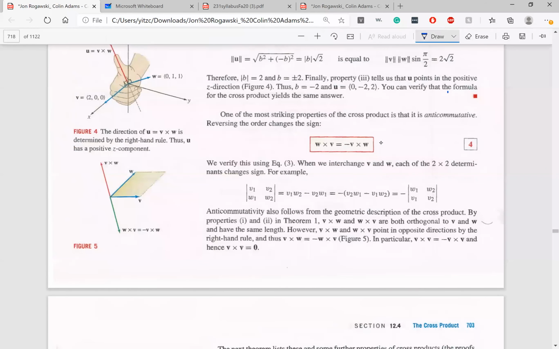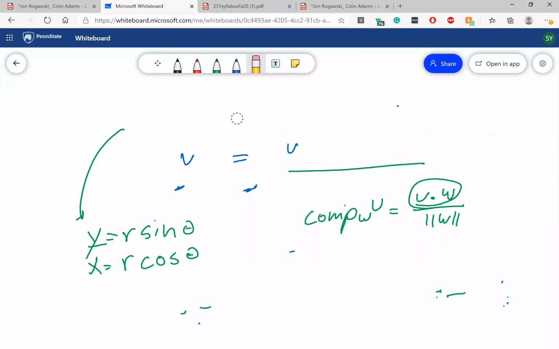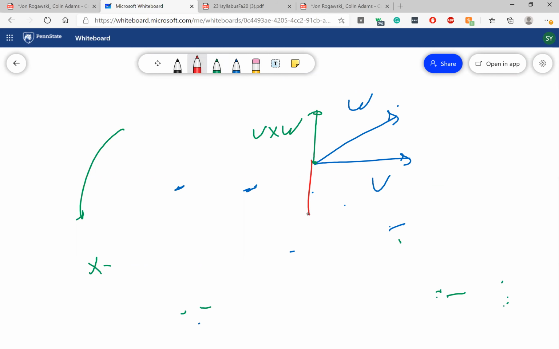Okay, so now, very interesting, it's something that makes sense. V cross W is equal to negative W cross V. And that's because a simple geometric interpretation is that either way the result is orthogonal to the vectors. So if here's my V and here's my W, then we know that V cross W is orthogonal to both of them, which means that W cross V must also be orthogonal to both of them.